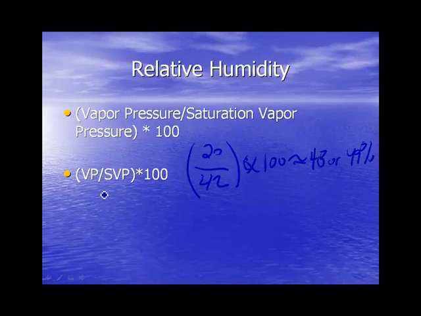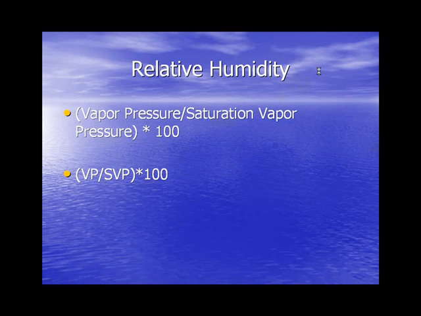But notice, this is the shorthand notation: VP, vapor pressure, divided by saturation vapor pressure times 100. Now notice, since we're dealing with saturation vapor pressure, that is dependent upon temperature. It's temperature dependent.